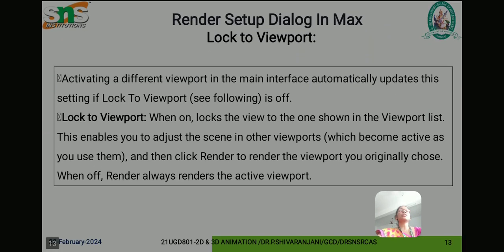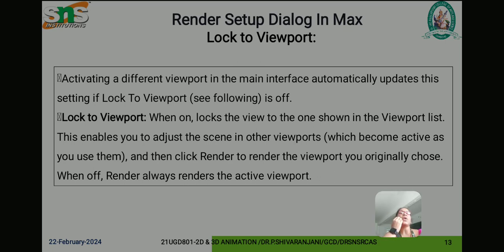Setting up the dialog in Max: Lock to Viewport. Activating different viewports in the main interface automatically updates the view setting if Lock to Viewport is off. When Lock to Viewport is on, the view you chose shows in the viewport list.